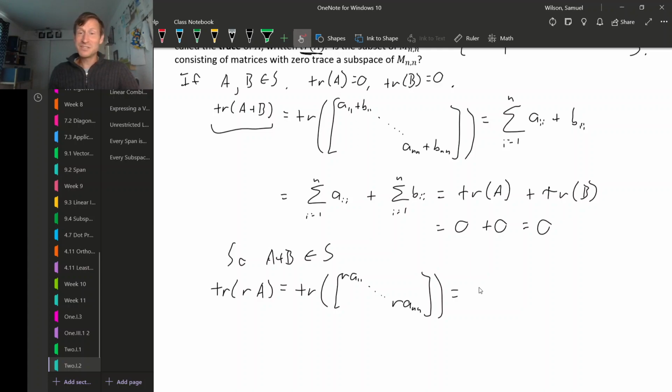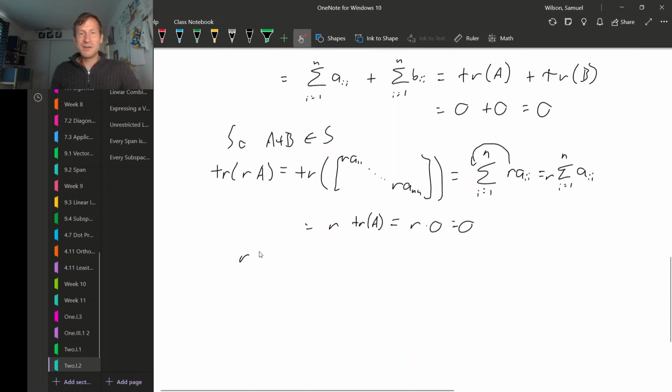So the trace of this matrix is the sum from i equals 1 to n of r times a_ii, but we can move this r outside. That's essentially factoring out the r. So we have r times the sum from i equals 1 to n of a_ii, and this is r times the trace of A, but the trace of A is 0. So we have r times 0, that's 0.